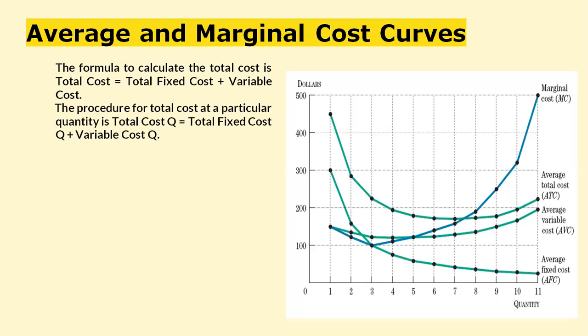The procedure for total cost at a particular quantity is total cost at Q equals total fixed cost at Q plus variable cost at Q.